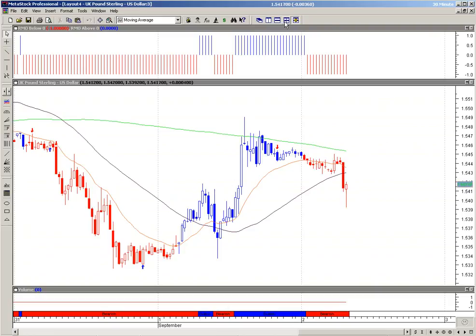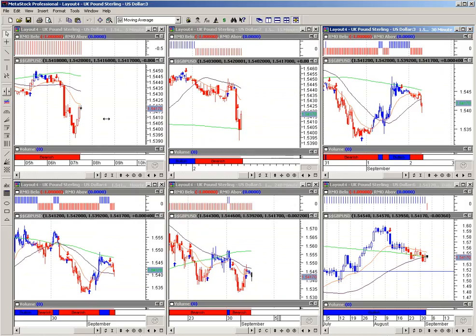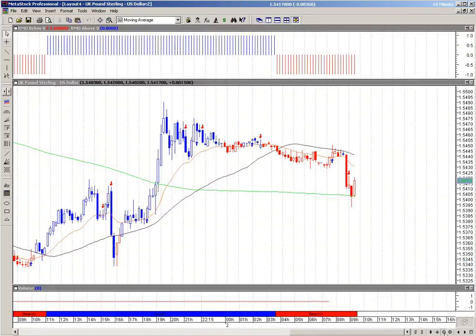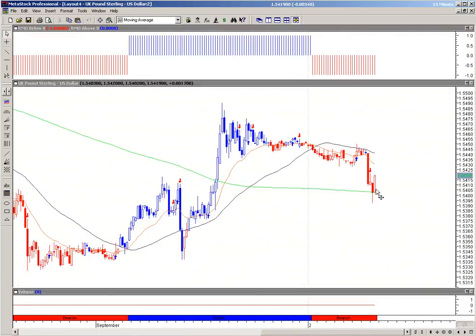A bit of a consolidation at the moment, primarily because the pair has found some support on the 200 period moving average. Ideally, you want to be seeing it trading below the 200 period moving average on the 3 intraday time frames. So sterling would need to close lower than at least 1.5400 to see any more downside movement.